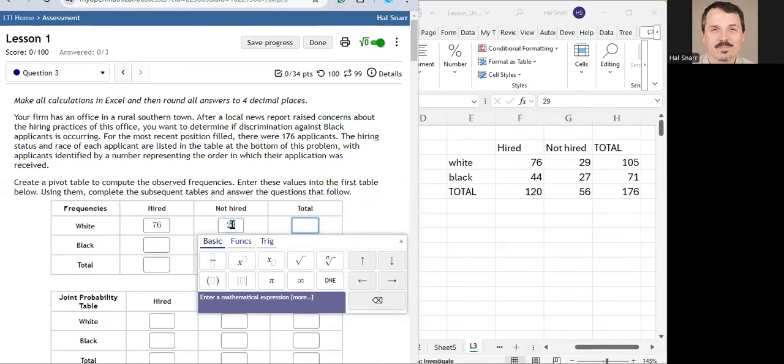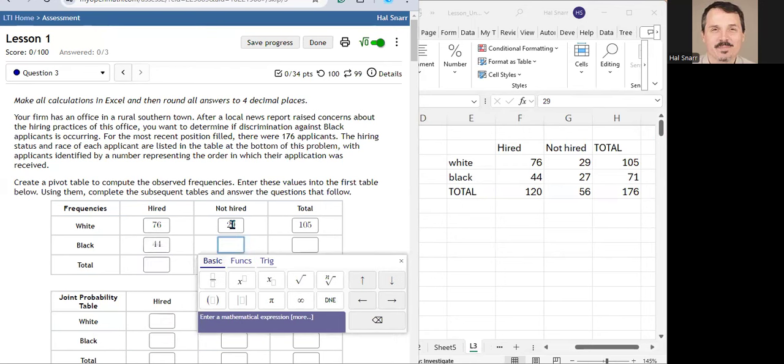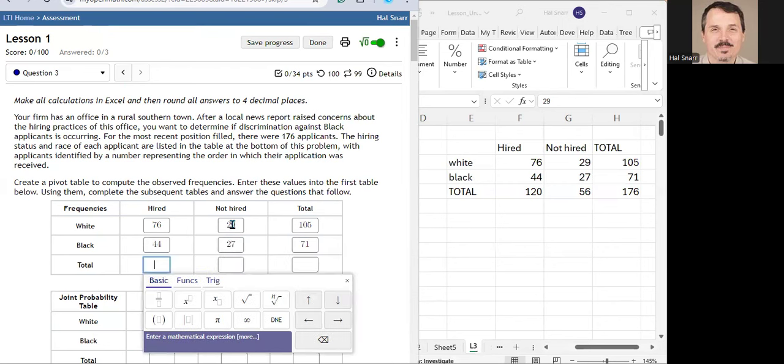The total number of white applicants was 105. The total number of Black applicants and hired was 44. The frequency or the count of Black and not hired was 27. The total number of Black applicants was 71.